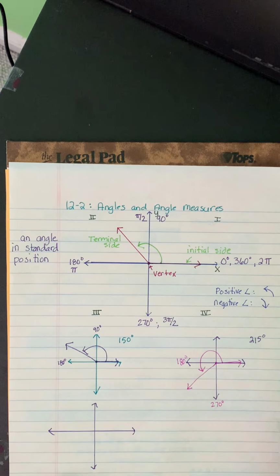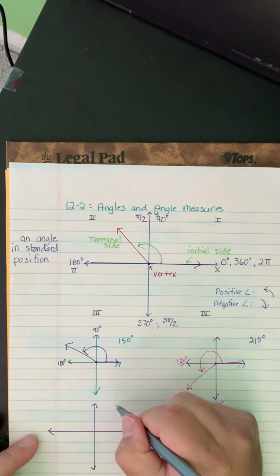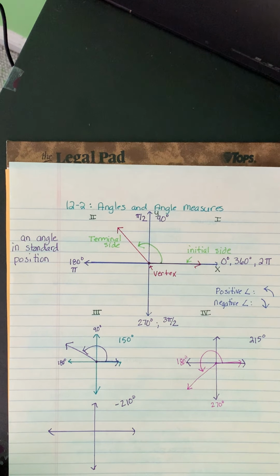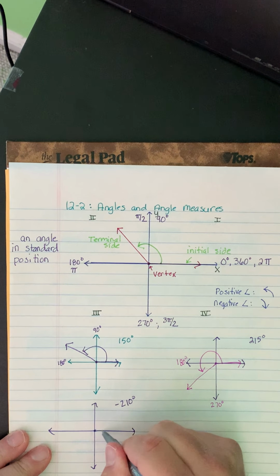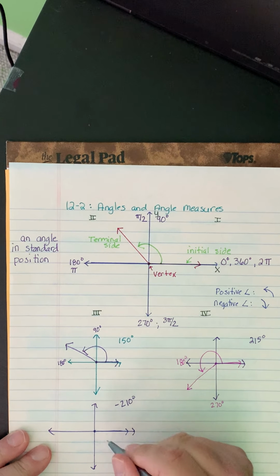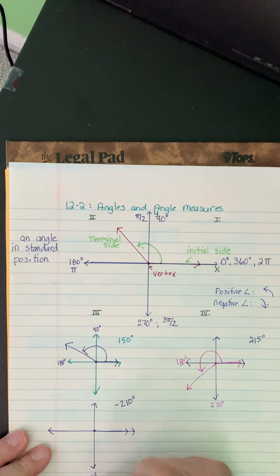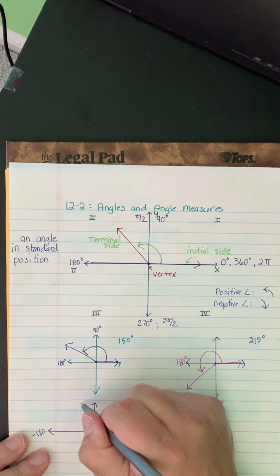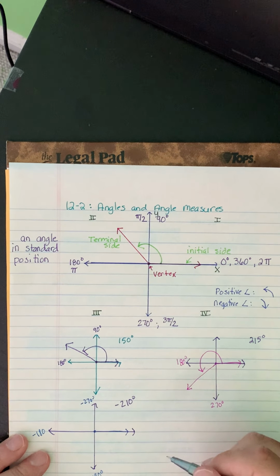So let's give this a shot. Let's do negative 210 degrees. Now remember, we have to go the opposite way. So we still put our initial side here, and we're going this way. This is going to be negative 90, this is negative 180, and negative 270.